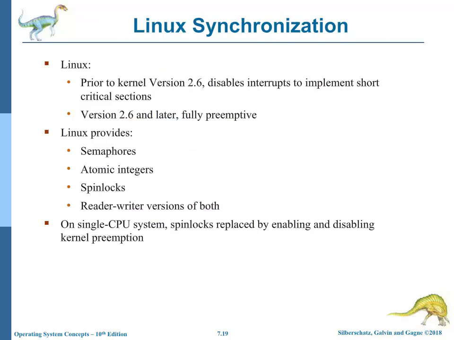Linux provides several different mechanisms for synchronization. For the semaphore, when some process is trying to access a semaphore which is not available, the semaphore puts the process on a wait queue, FIFO, first in first out, and puts the task to sleep. That is why the semaphore is known as a sleeping lock.